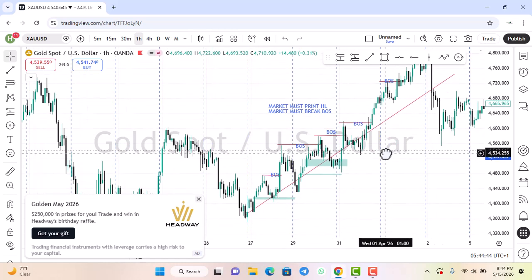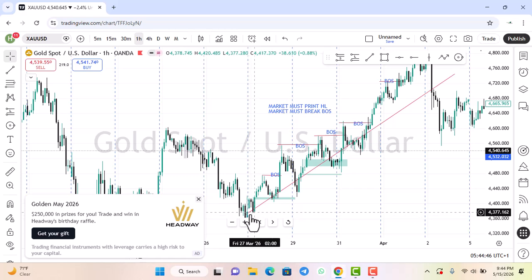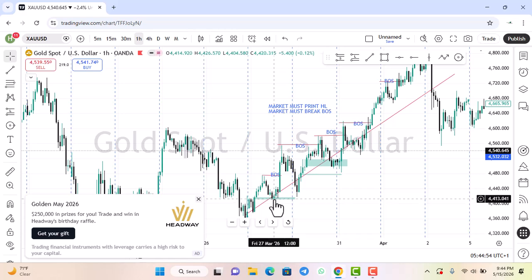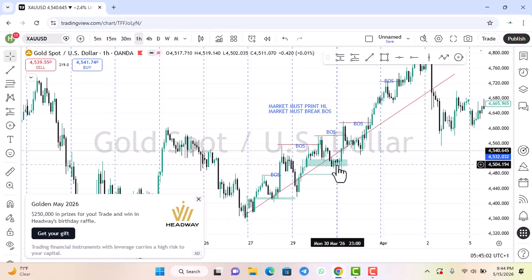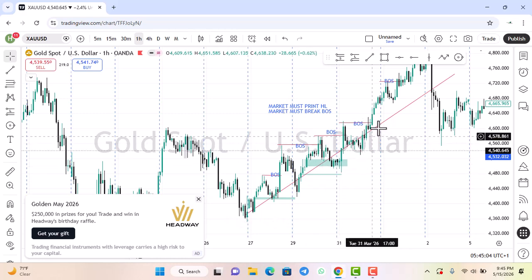Now, by the time I mark this first higher low, I'm going to look for my next higher low, which is this point here. Okay. Then I look for my next higher low, which is this point here, and this point here, and this point here.